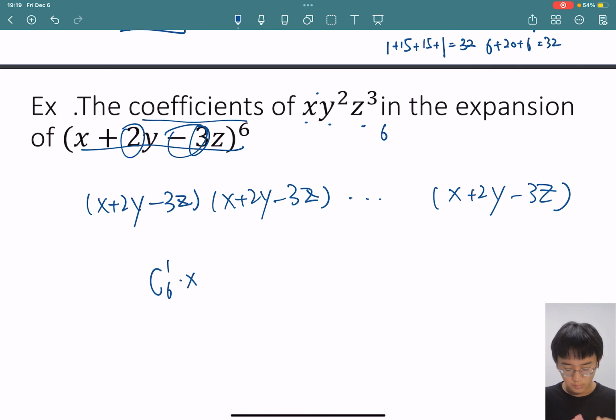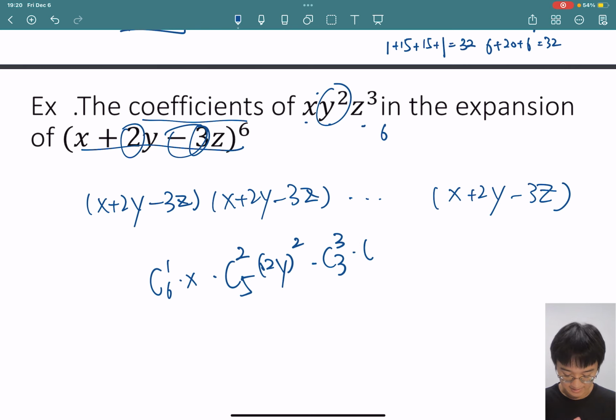And we have already chosen 1 x from the 6 boxes. So I can only choose 2y from the other 5 boxes. So we need to multiply by C(5,2) and (2y) to the power of 2. And for the other 3 boxes, we can only choose z. So this is C(3,3) times (-3z) to the power of 3.